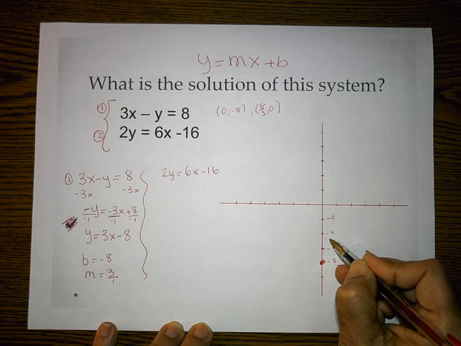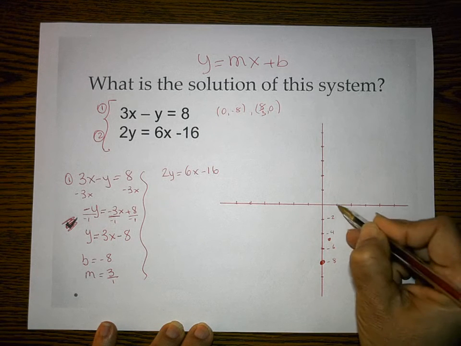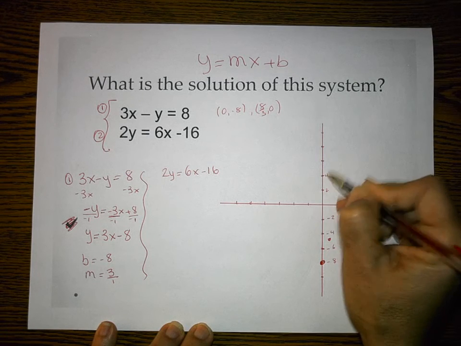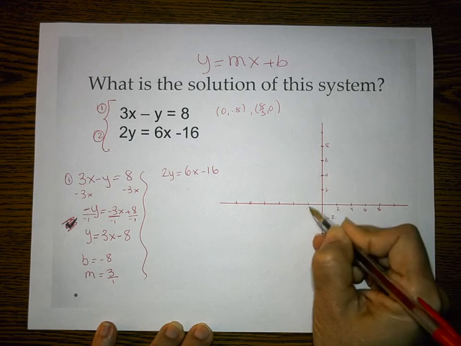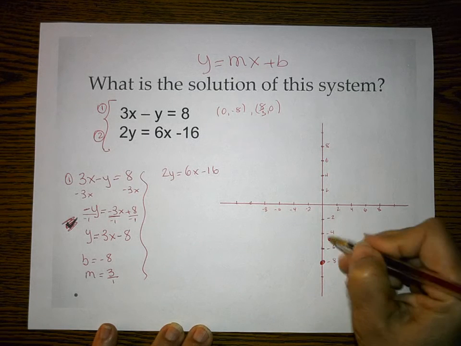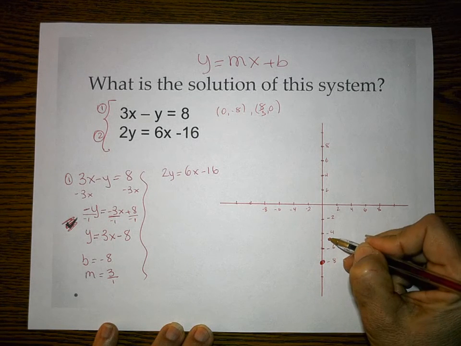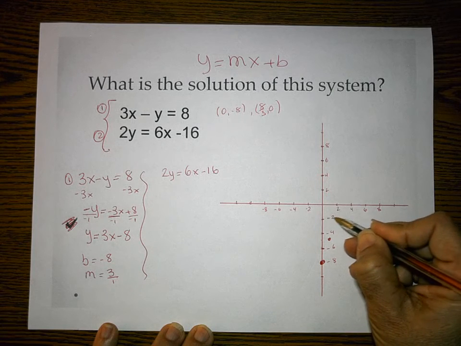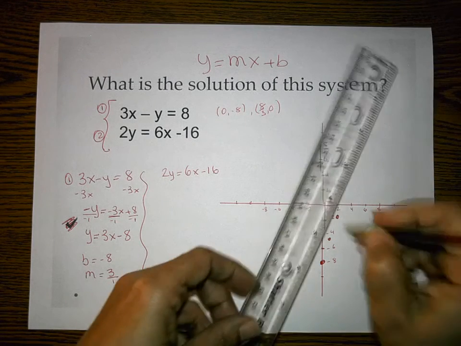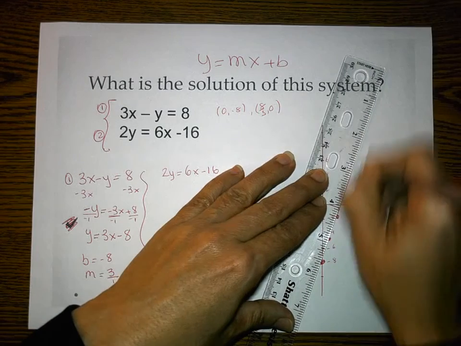It's going to be hard to make these lines meet right here because my grid is going by 2. It's going to be hard, but let's try it. So I went up 3 over 1. I'm going to go up 3 again and over 1. So there's my line right there. If you have a grid better than me, use it. Okay? So there is my line number 1.